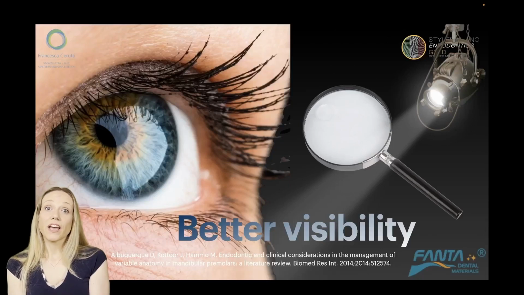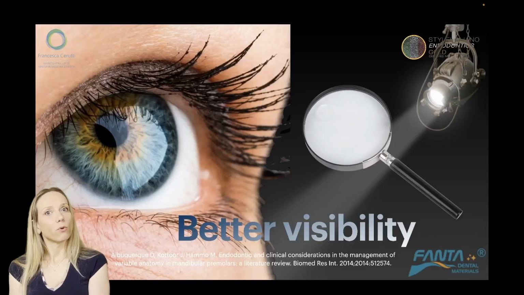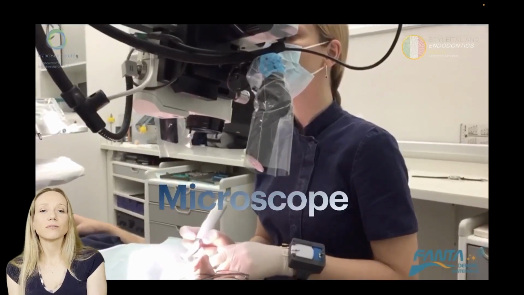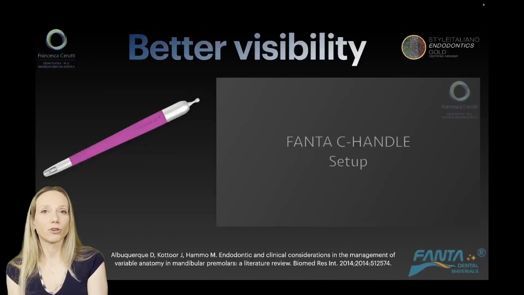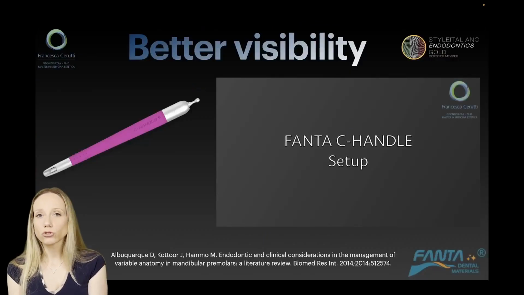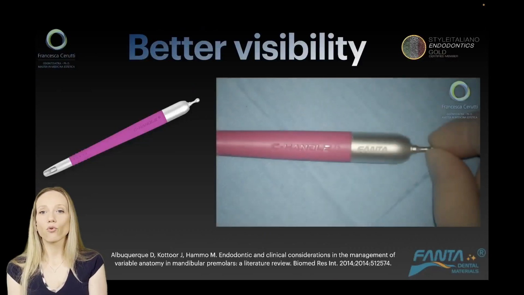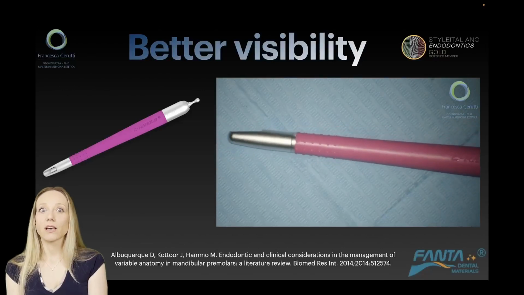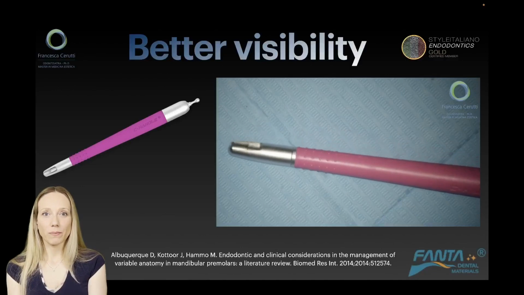With loupes and a light, you can treat most of them, but you need at least loupes and light. Obviously with the microscope it's easier because we are seeing better, and if we have more room to see what we are doing, we can work extremely better.